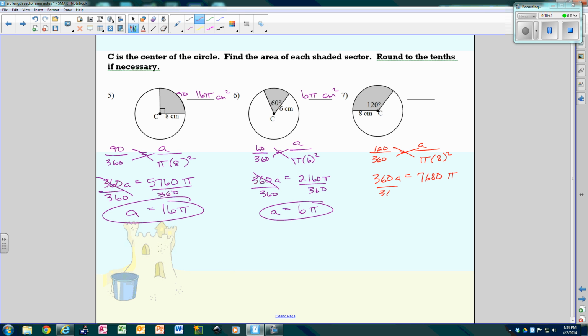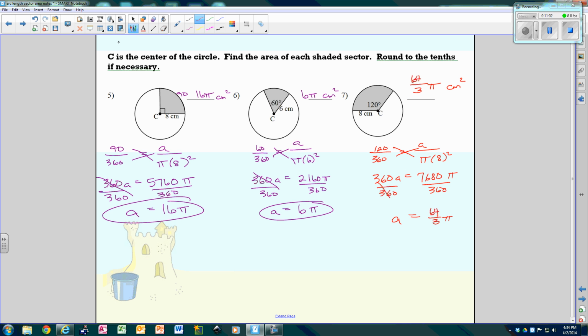Again, divide by 360. So the area is, get a decimal, so math enter, 64 over 3 pi. So the answer is 64 over 3 pi centimeters squared.